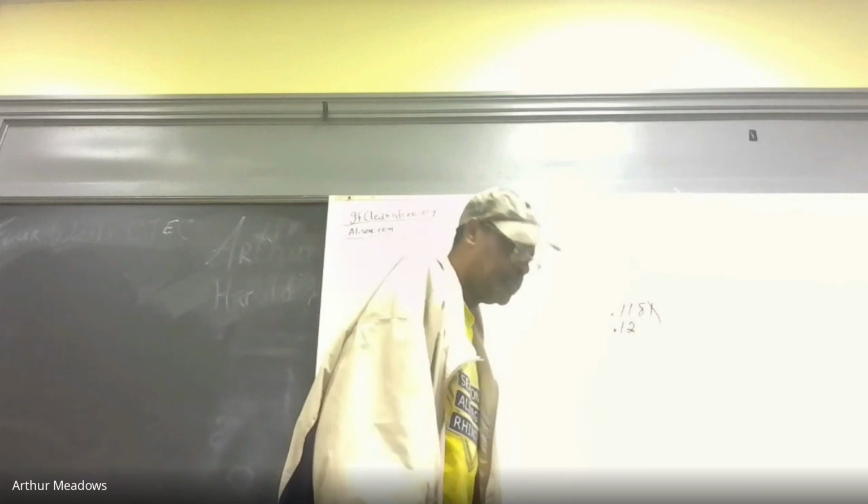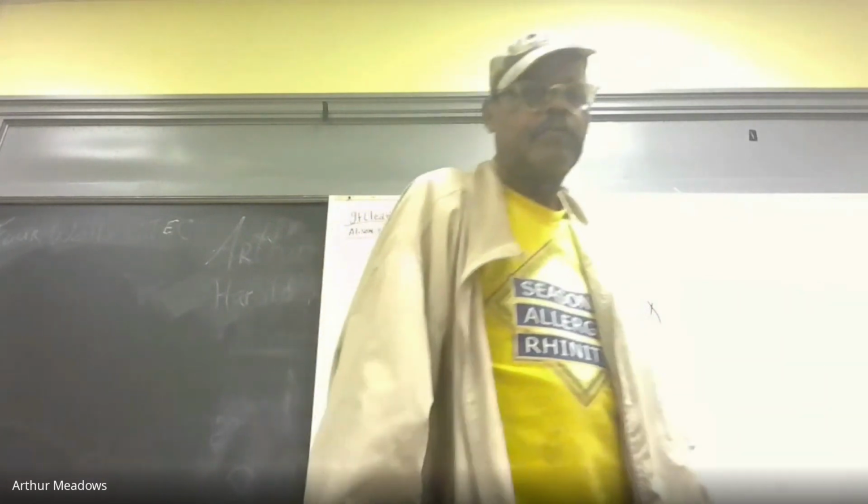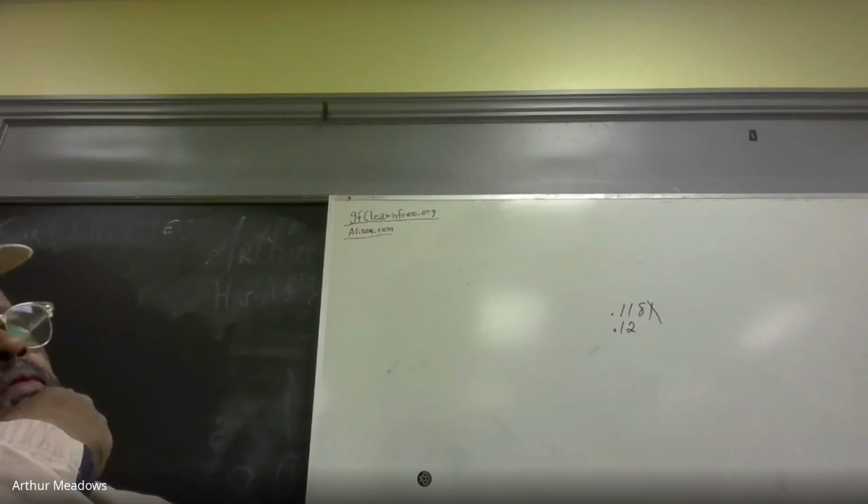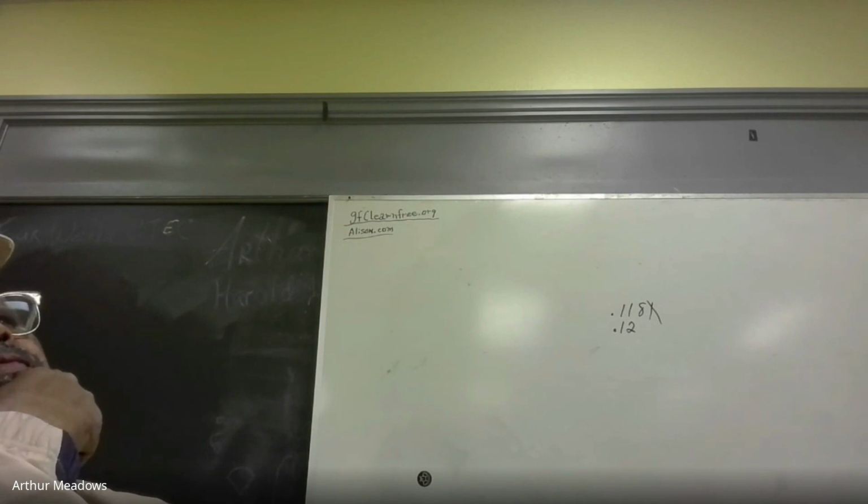When the number after the 8 is less than 5, you can't round it off. It's less than 5, so you can't change the 8.